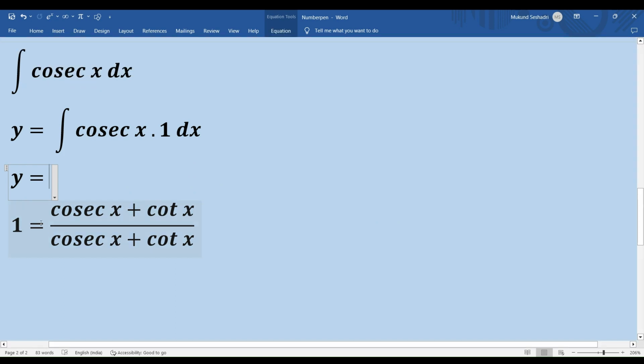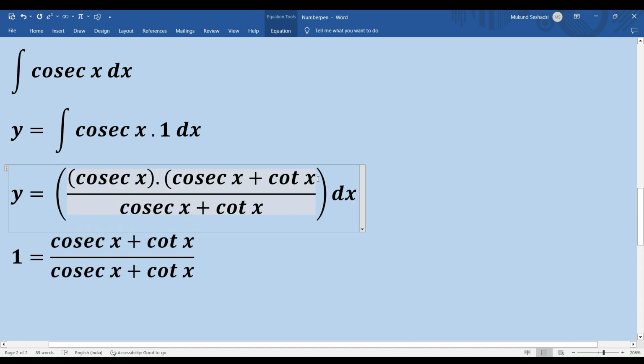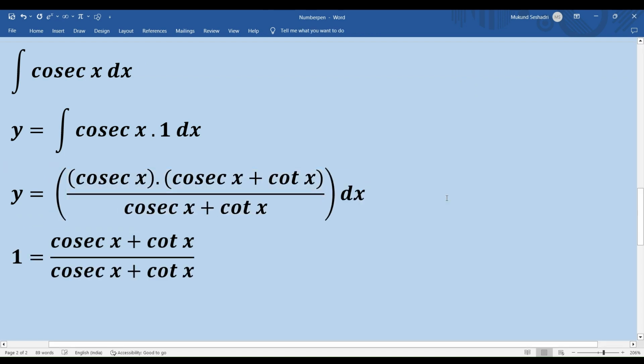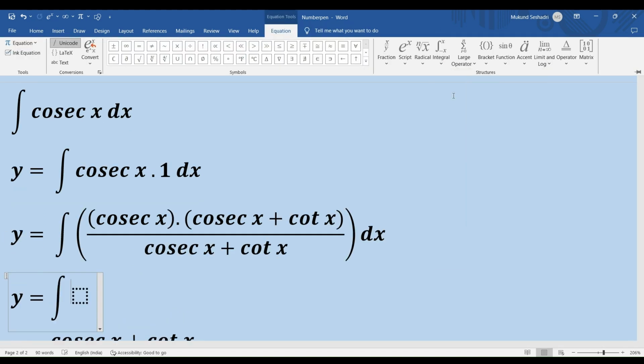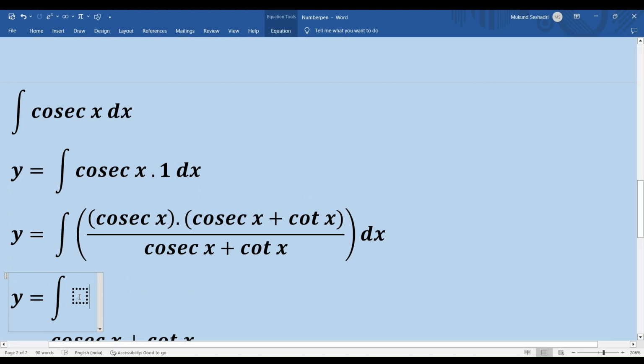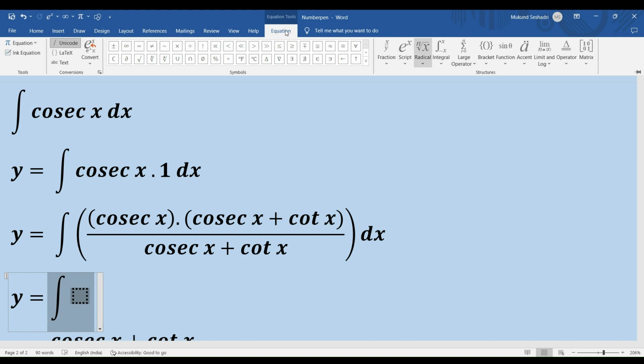So let's see what we get. So this is what I get. Now I keep the denominator as it is, and I'm going to multiply the cosecant x with the cosecant x plus cot x and re-express my numerator, right? So my cosecant x into cosecant x in the numerator becomes cosecant square x, right?